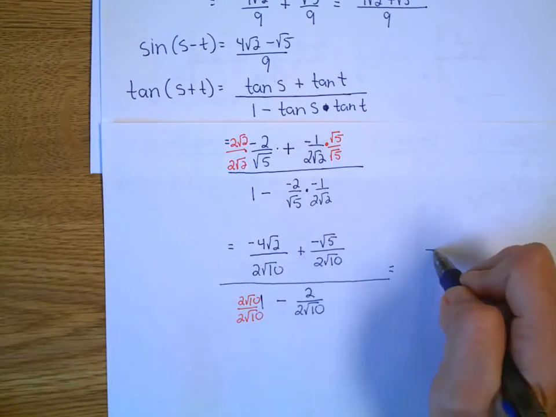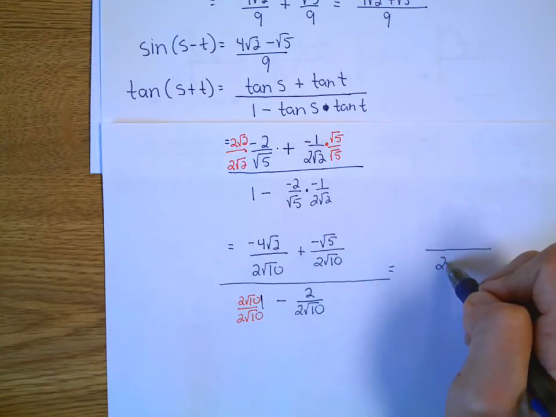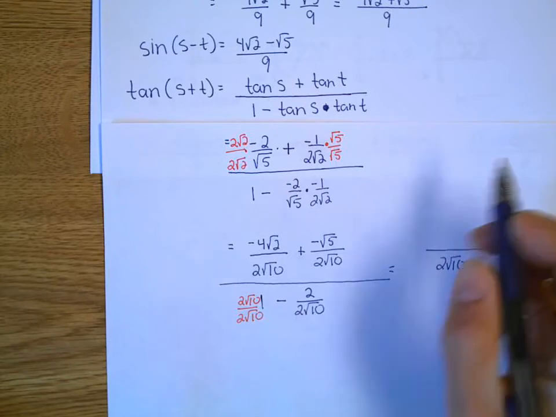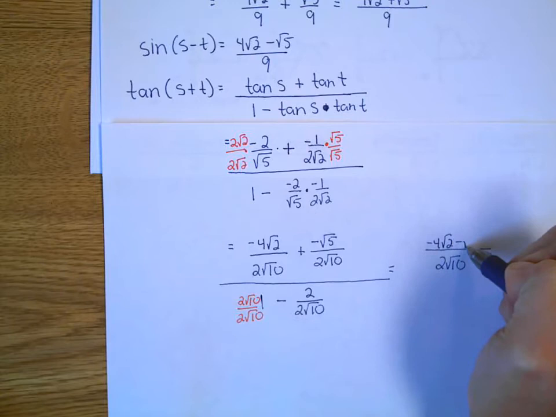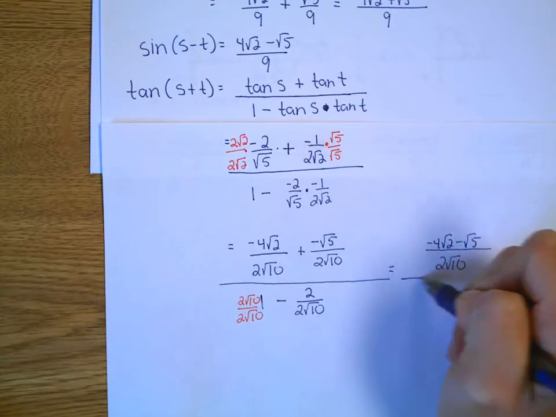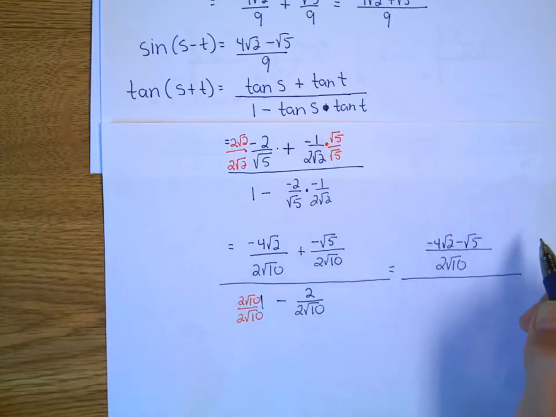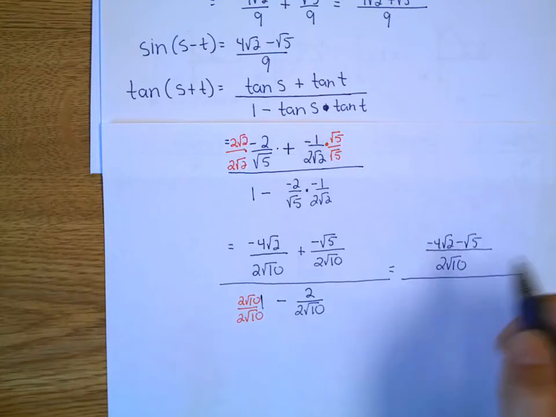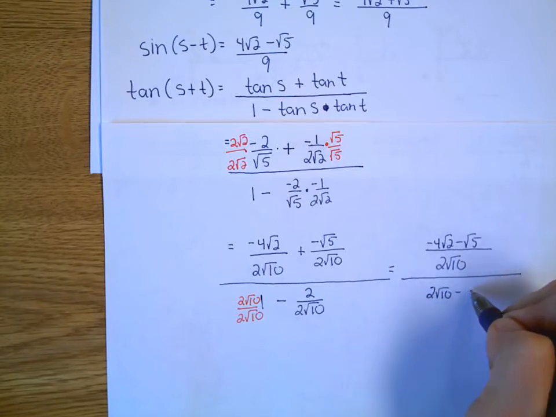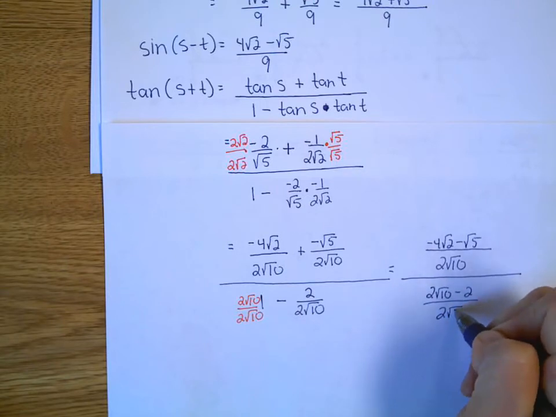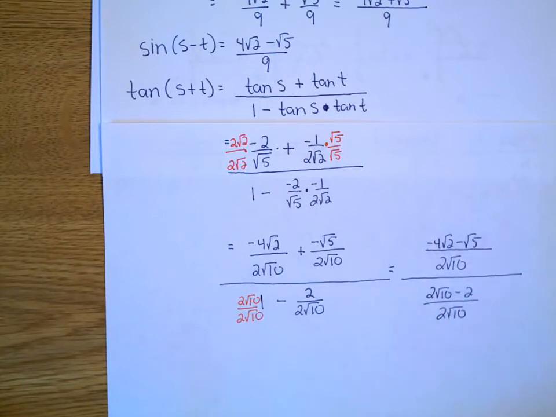My common denominator is 2 square root of 10. I'll have negative 4 square root of 2 minus square root of 5. In the bottom, 2 square root of 10 minus 2, all over 2 square root of 10.